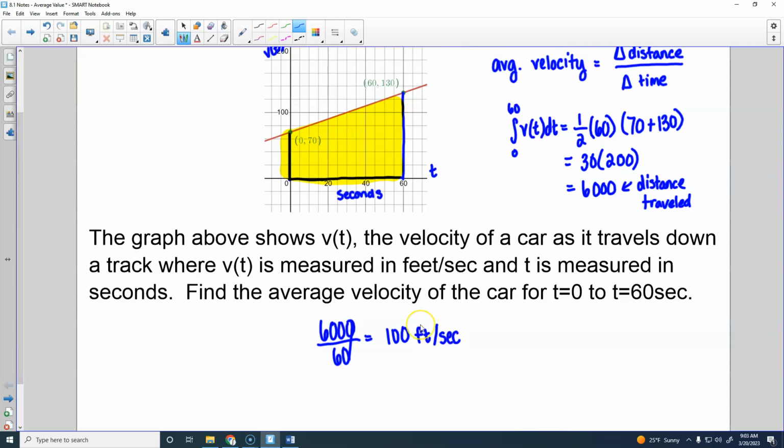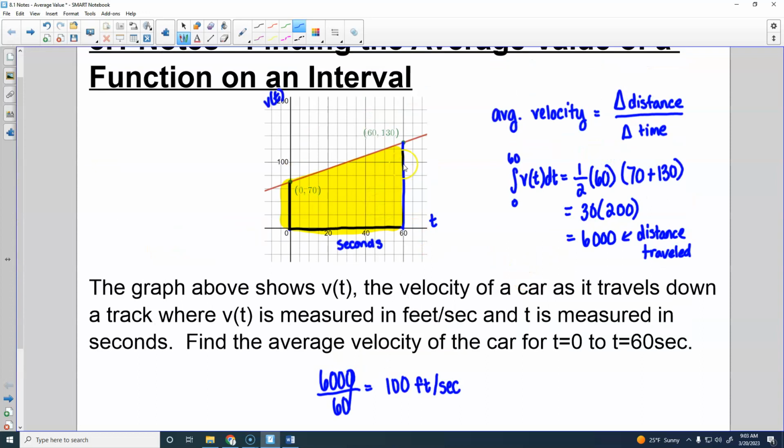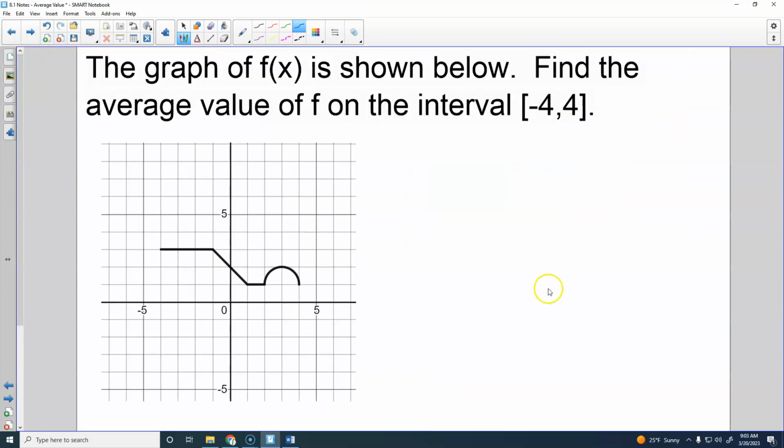Okay, questions here? All right, so let's look at another problem. For this one, we want to find the average value of f on the interval from -4 to 4.